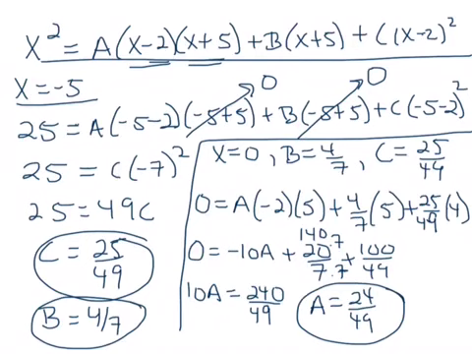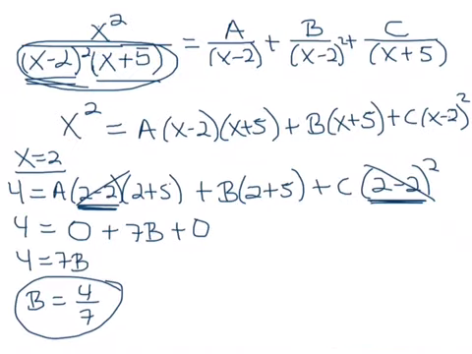Fabulous. Now, all we need to do is plug in A, B, and C into our original equation. So A was over x minus 2, B was over x minus 2 squared, and C was over x plus 5.